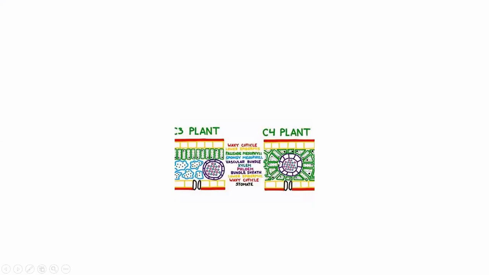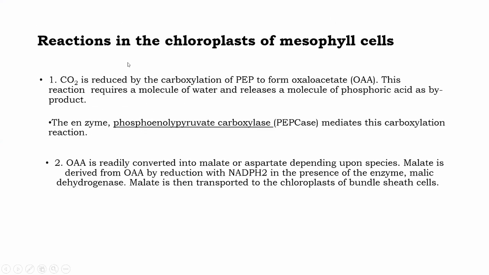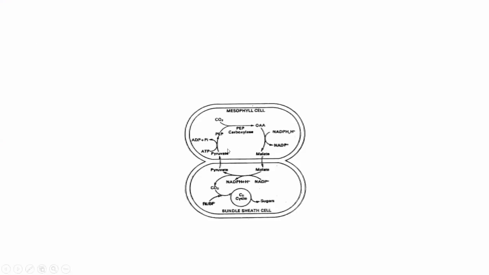Okay, so here only in the C3 plants we have the photosynthetic place. Two types: bundle sheath cells and mesophyll. Okay, so then what is happening in the mesophyll cells? I have given.